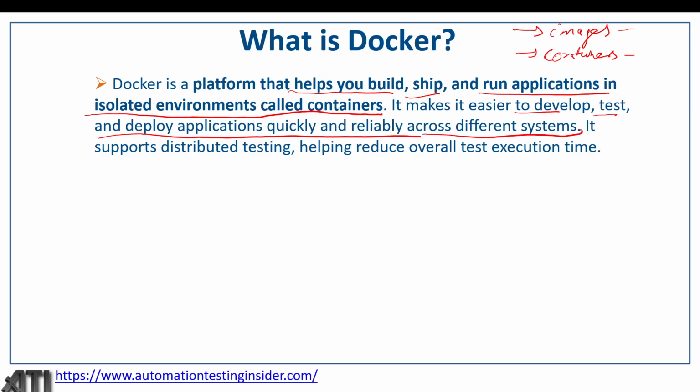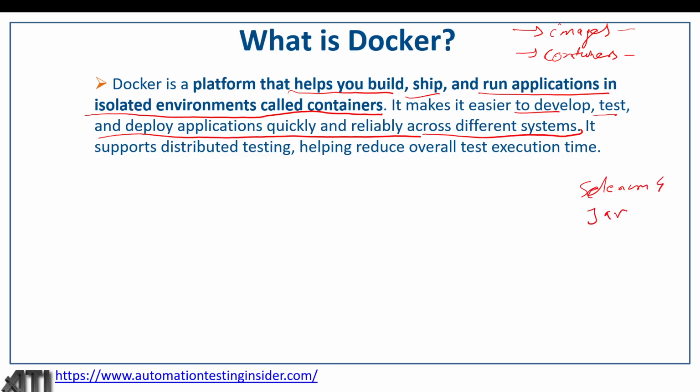So let's say we build a Selenium framework, right? Now we want to execute our script in a separate environment, or anywhere if you want, right? So how do we execute it? We need certain applications using which we develop our framework. We need Selenium, let's say Selenium 4.